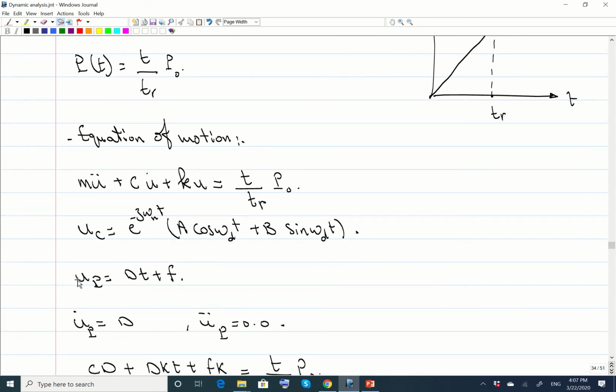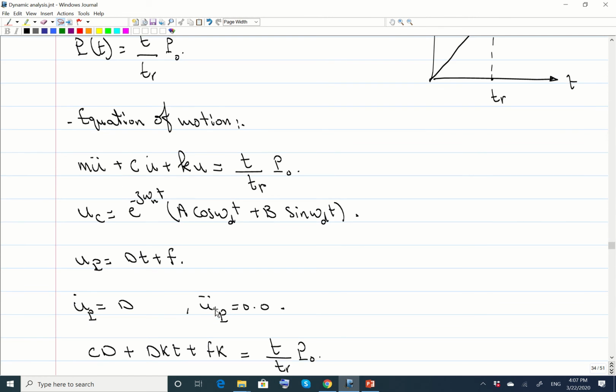So this is the particular solution, it's d t plus f. The derivative of this will be the velocity, u dot is d, and then the acceleration, the second derivative, will be 0.